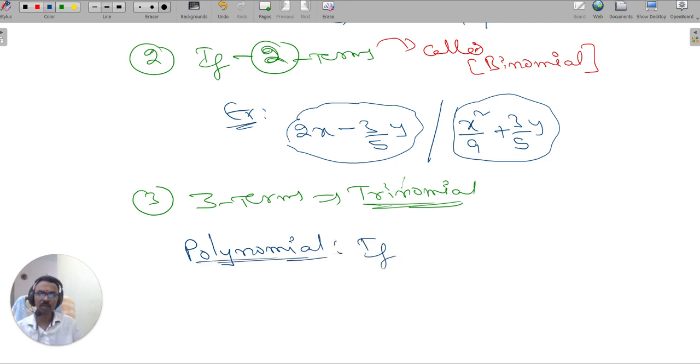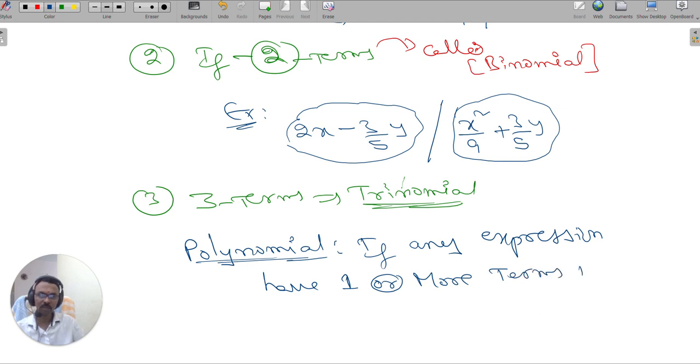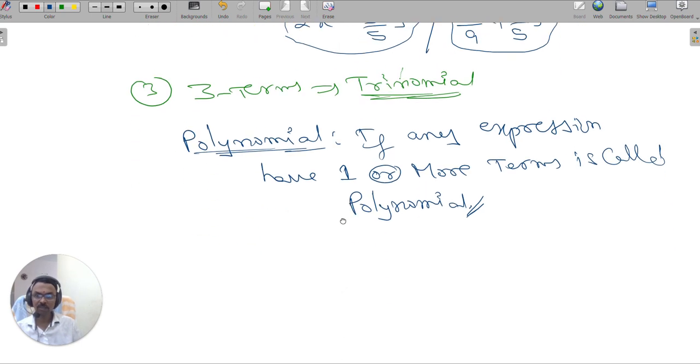If any expression has one or more terms, it is called a polynomial. Maybe one, no problem. More than one, maybe binomial, trinomial, all those are called polynomials.